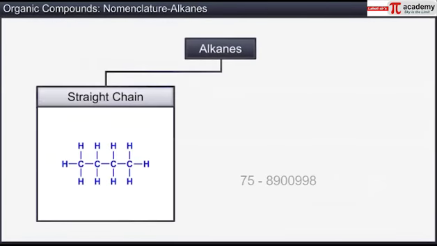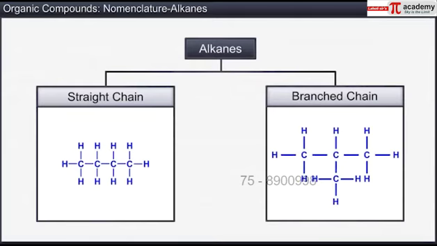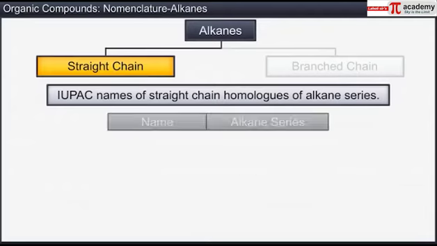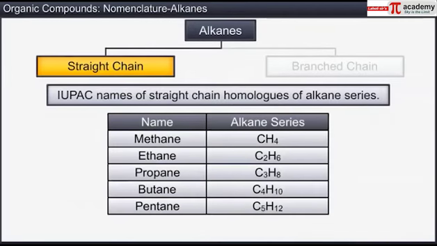Alkanes can be straight chain alkanes or branched chain alkanes. Let's look at the IUPAC names of certain straight chain homologues of alkane series.